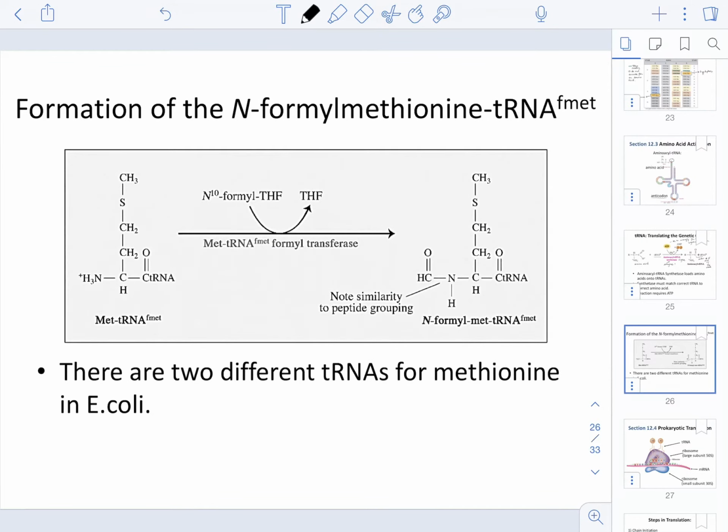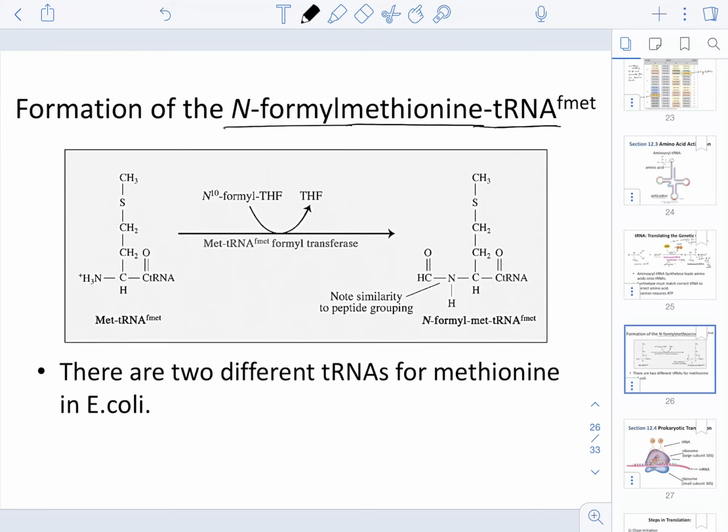Understand that once amino acids are incorporated into tRNA, specifically methionine, it's the amino acid that is going to be even further modified. Here we have methionine bonded to its tRNA. Methionine is undergoing an N-formyl methionine tRNA formation reaction.